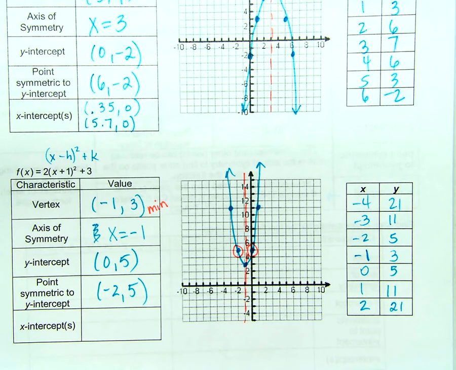What about the x-intercepts? So you're not even going to try to find them? Why not? To have x-intercepts requires that the graph crosses the x-axis, right? Does this graph cross the x-axis?